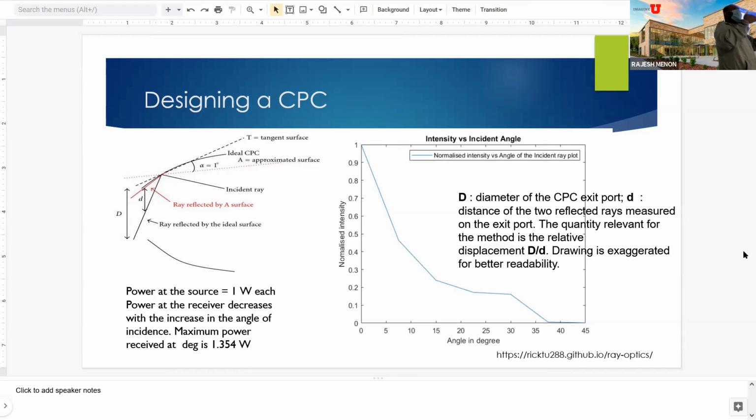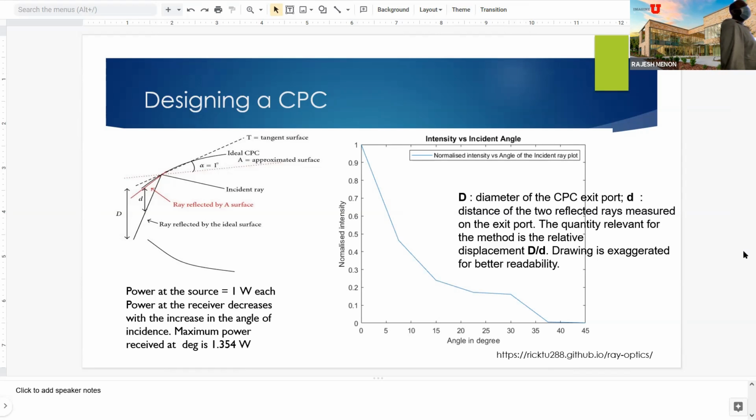At 0 incidence both are collinear, and for 30 degrees I have placed one at +30 and one at -30. Similarly, we have modeled the simulation that way. For 2 watt power into the CPC, we use the power monitor to see how much energy we can capture.